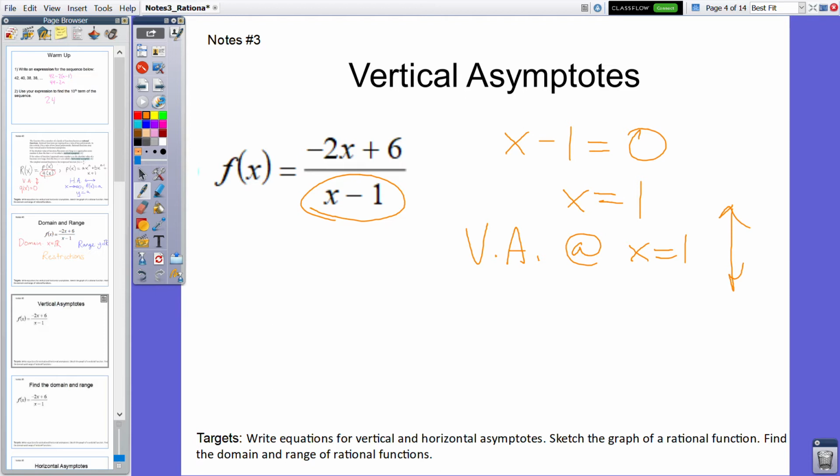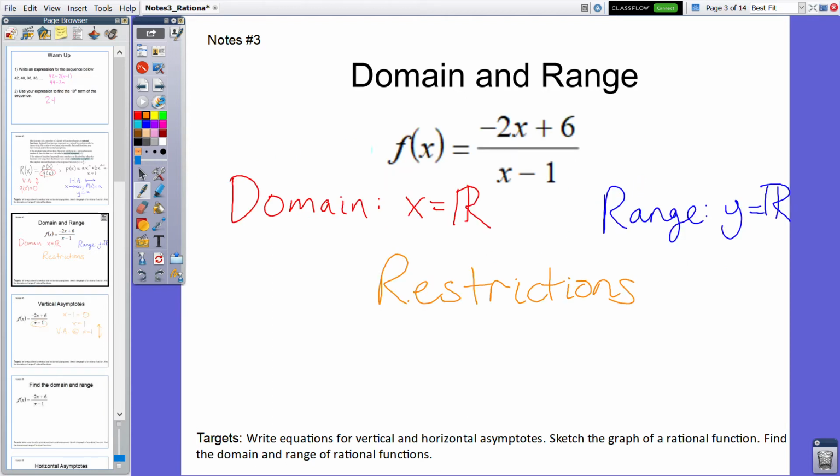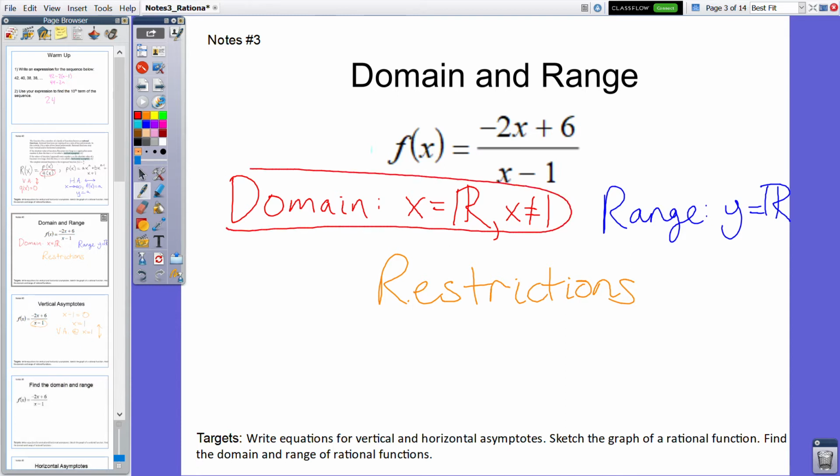That means we can go back to our domain and say that x is equal to all real numbers except x cannot be equal to 1. So that pretty much solidifies our domain, for the reason being that we know, because we solved the equation here, that it cannot be 1.